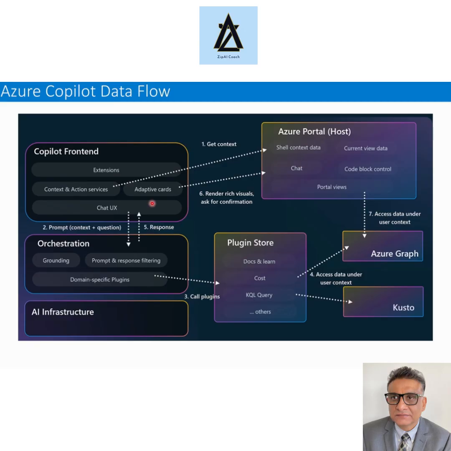When the input in the form of a prompt is provided, it goes to a layer called orchestration. The prompt is a combination of the current context and the actual question.